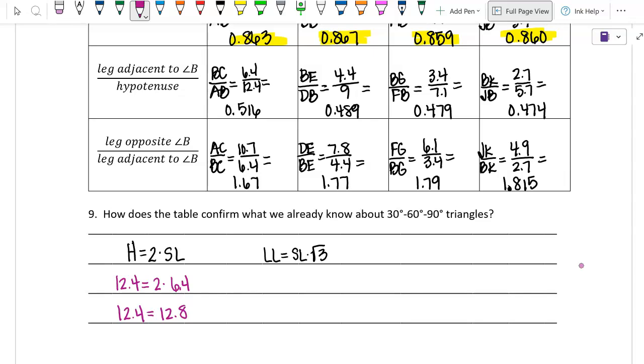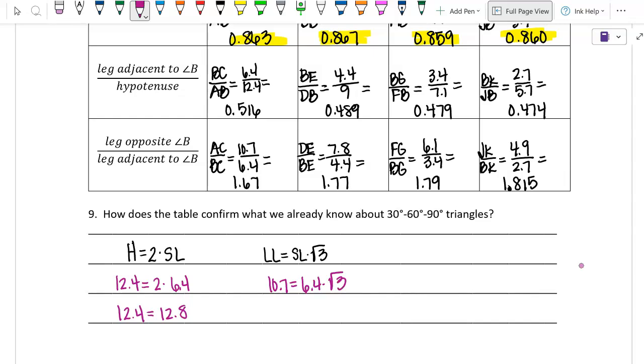Had I measured super accurately, those numbers probably are closer and they should be equal. So it does show that that shorter leg is double the hypotenuse. And again, the longer leg is my opposite leg, which is my 10.7 equals my shorter leg of 6.4 times radical 3.